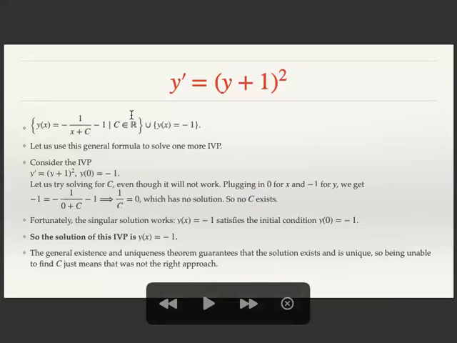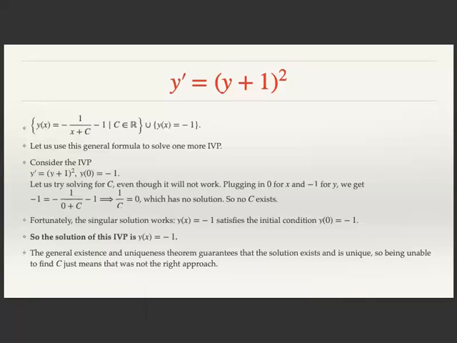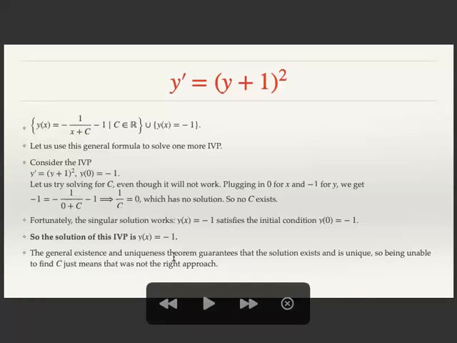So the true answer is that this initial value problem has a solution, the second part of the general solution, y of x is equal to minus 1. So we notice here that even though no c exists, this doesn't mean that no solution exists.